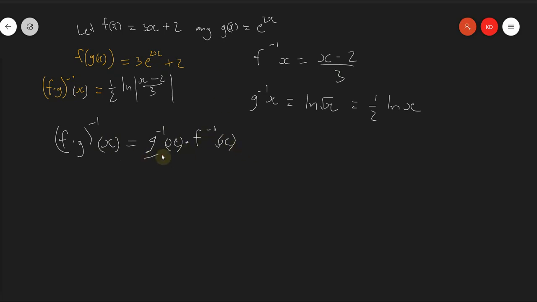For the right side, that just means you plug f inverse of x into g inverse of x. So let's just do that here.